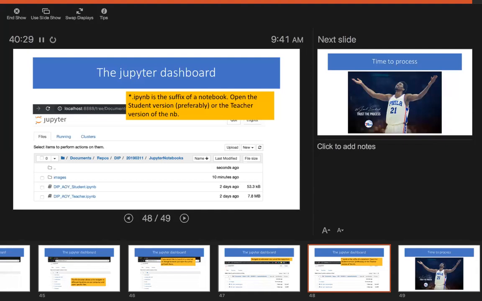Okay, so now is decision time. You get to decide whether you want to be a teacher or a student today. I recommend that you be a student, but if you choose to be a teacher, that's also fine. It would be very useful for you to work in groups or in pairs.